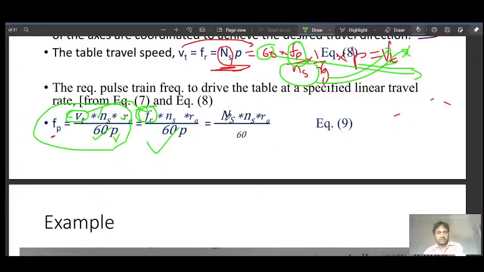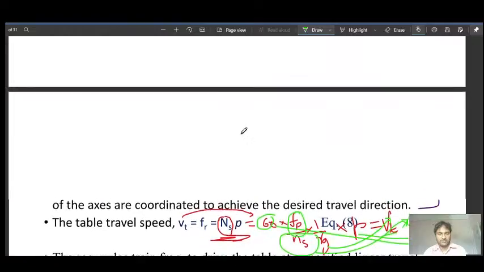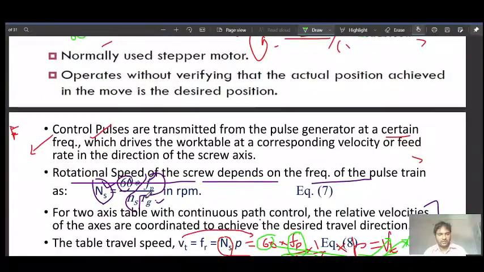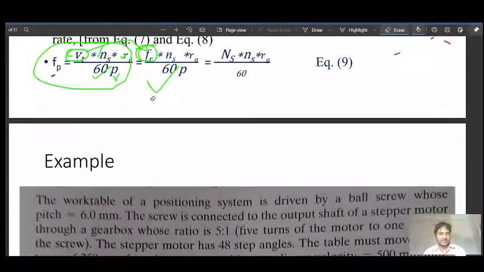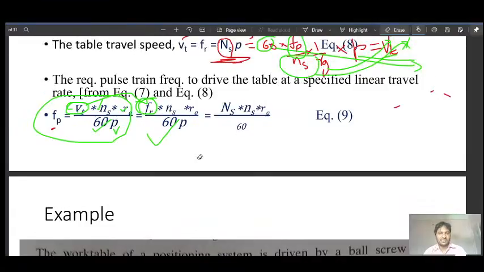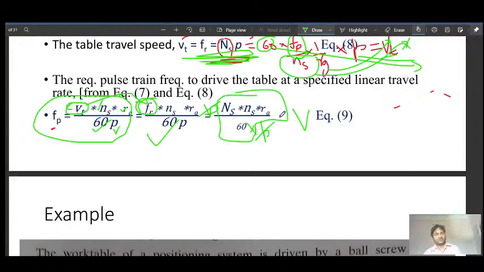If we replace the Vt value, it is simply Ns into P. By putting Ns into P, the P will cancel out, since P was in the denominator, and we will get FR or Vt equal to this value.